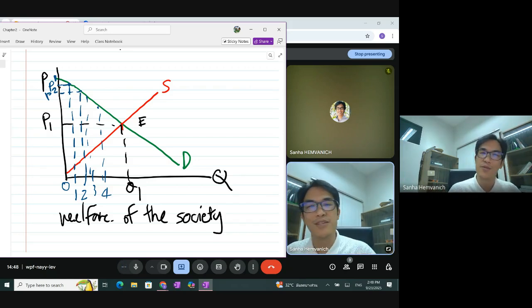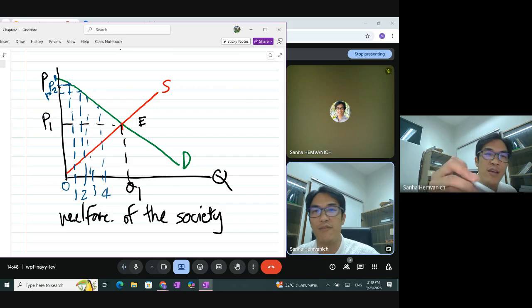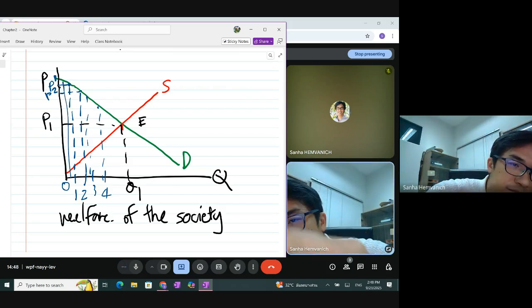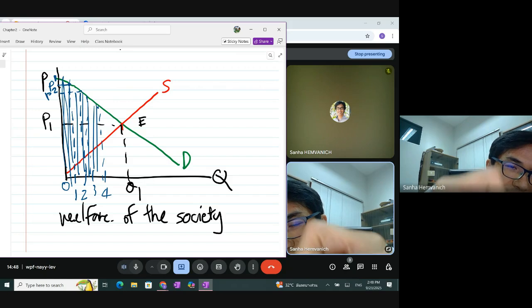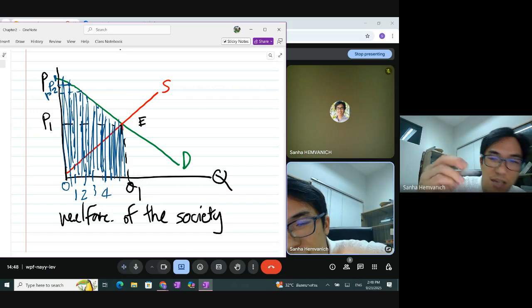Here you can see that if I draw the quantities closer and closer, you can imagine that I can have 1.5 units of the good, not just 1, 2, but 1.5, 1.75. So the whole area under the demand curve would be the total happiness that the consumer has.